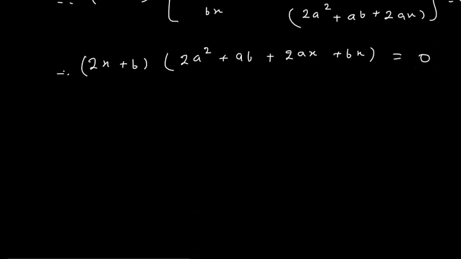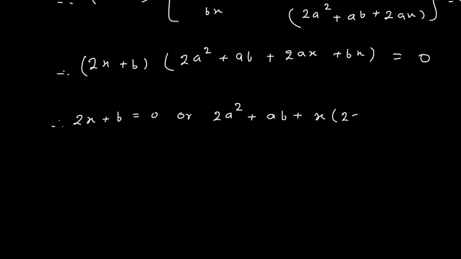So here also you will get, therefore, either 2x plus b is equal to 0 or 2a square plus ab plus, now here I will take x common, so here we have (2a plus b) x is equal to 0.